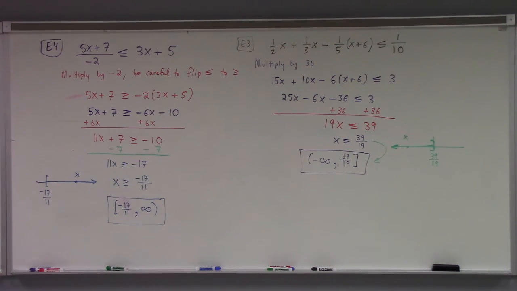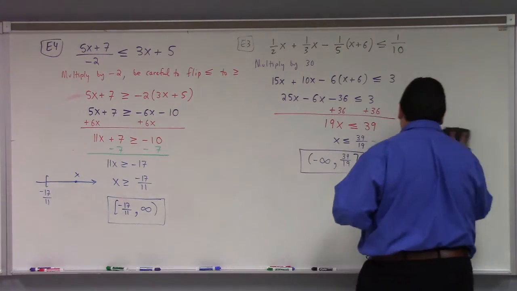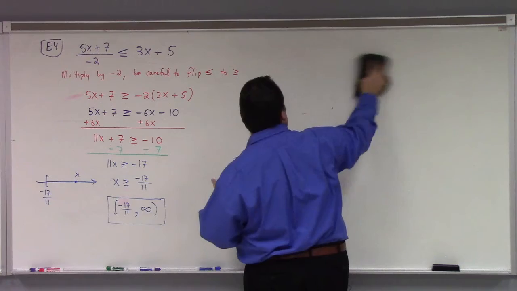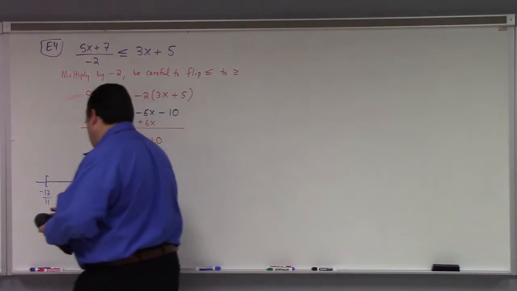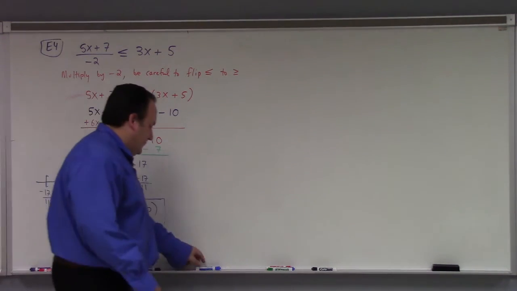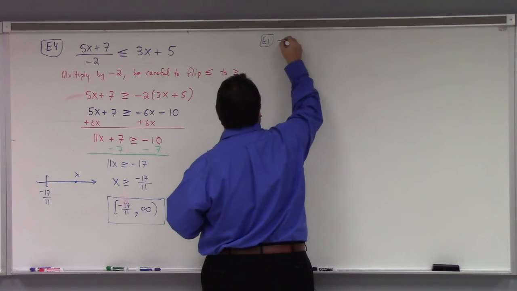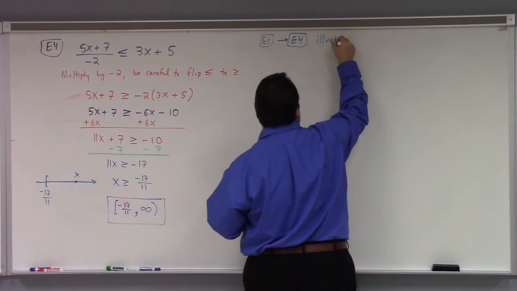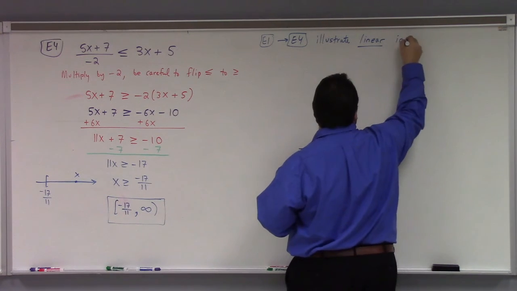on that note, this is how we can solve linear inequalities. How do you solve a linear inequality? You solve it by isolating x. Pretty much, that's it, all right? So examples 1 through 4 illustrate what are called linear inequalities.